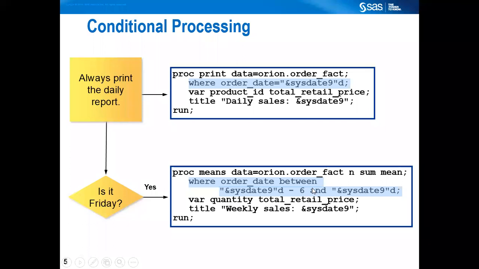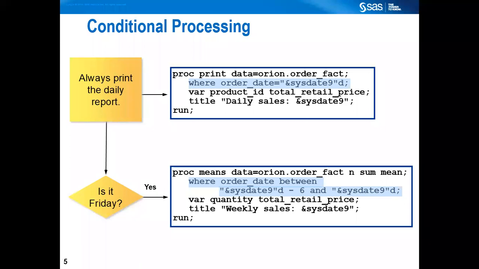So if it's Friday, then only it should execute proc means. How do they write it? We have to give a condition for Friday, and this is your Friday date. The -6 days means the whole week's first day.